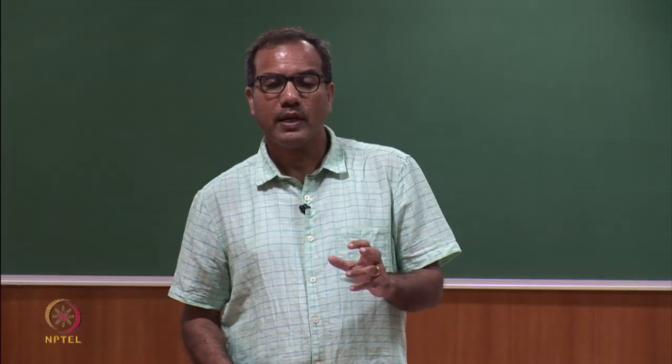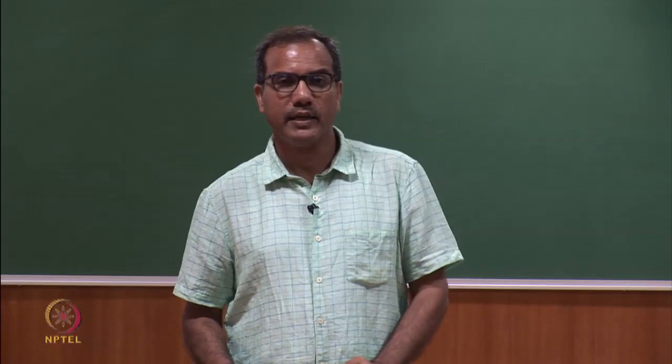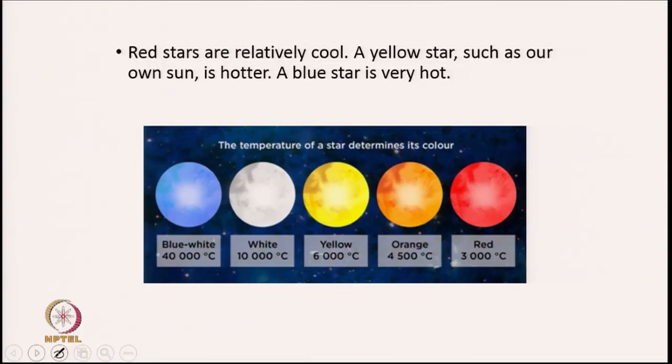Similarly, if you look at the sky at night, it will show stars of different colors, and that is because of their temperature. Red stars are relatively cool, yellow stars such as our sun are hotter, and a blue star is very hot.